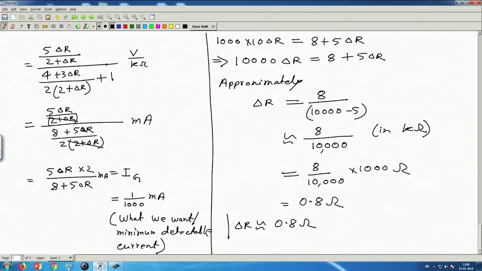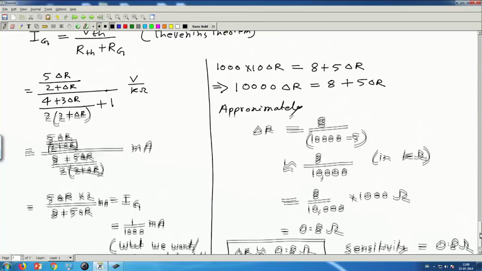This is the minimum change in the unknown delta R which we can detect, due to which the pointer will move. So we say the sensitivity of the measurement is 0.8 ohm. If R is changing by an amount less than this, it will cause no pointer deflection, we cannot detect it.